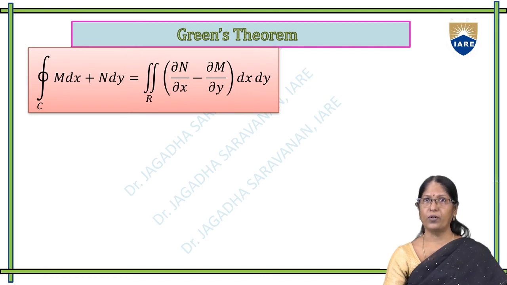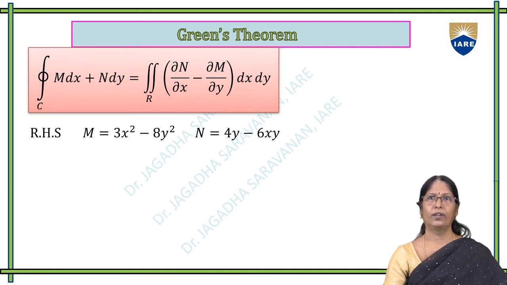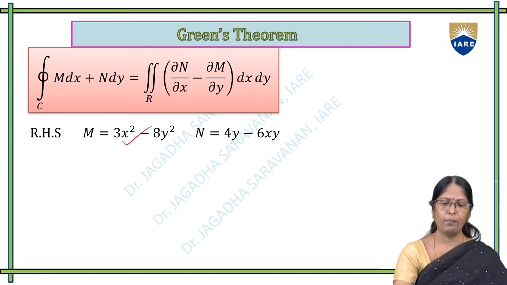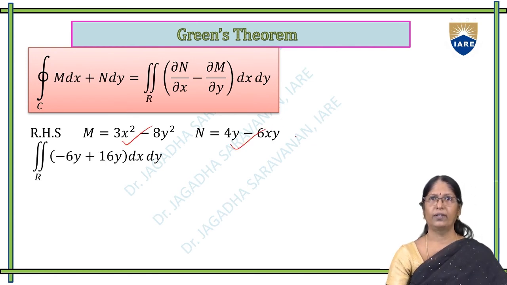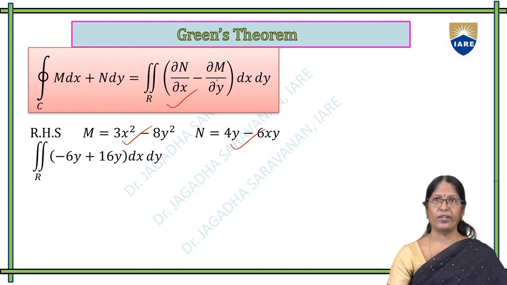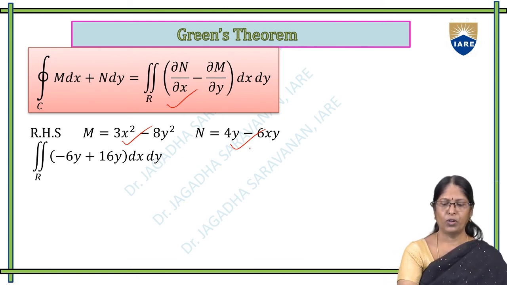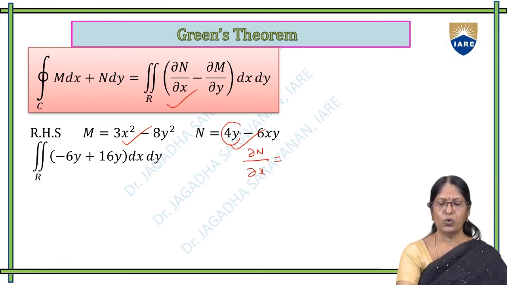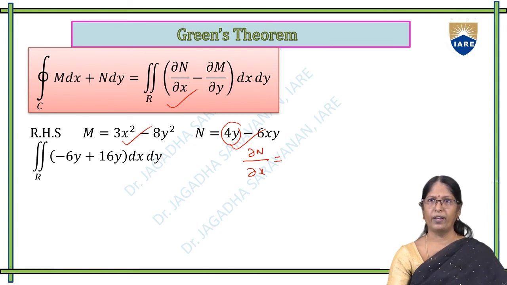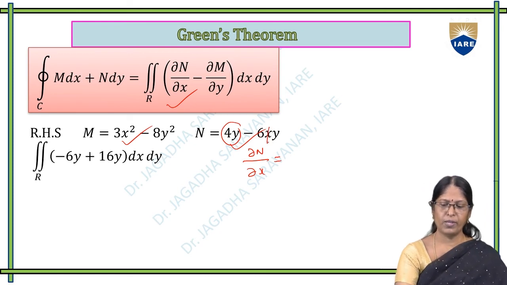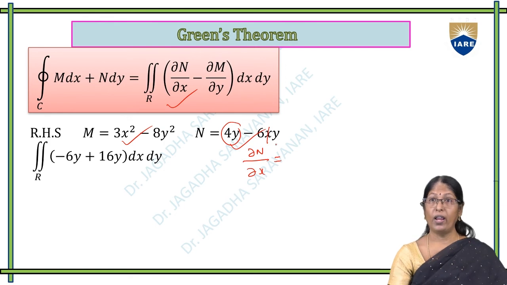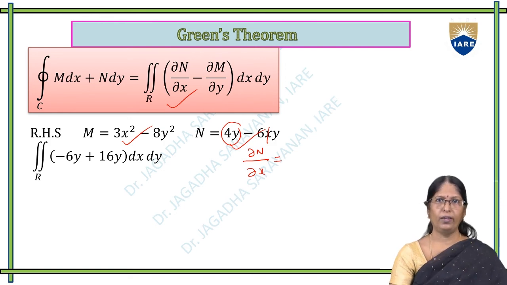Now this is the Green's theorem formula. This is our capital M and capital N, that we are substituting on the right hand side, dou N by dou x. So for dou N by dou x, here there is no x term at all, we neglect it. Here the x term is there, 1 into minus 6y.